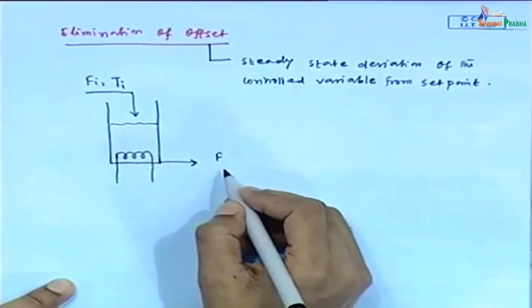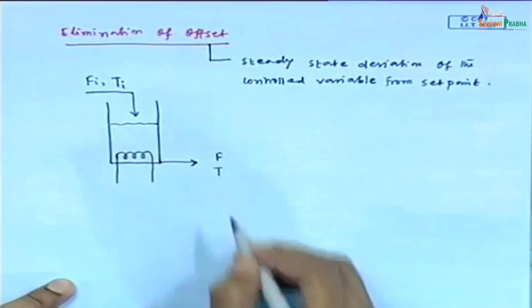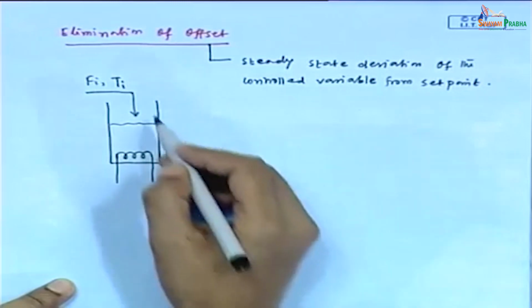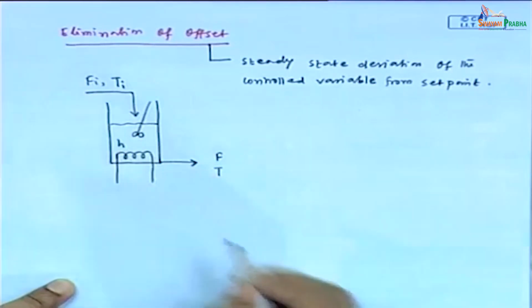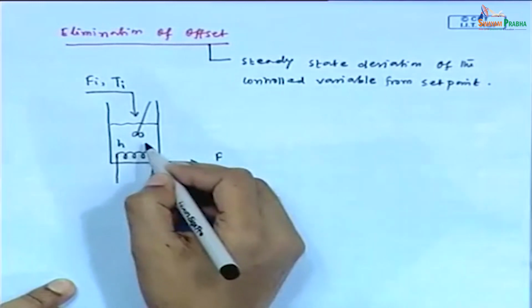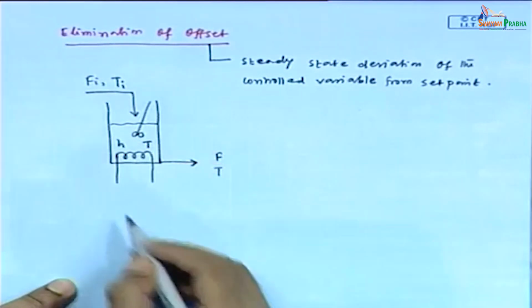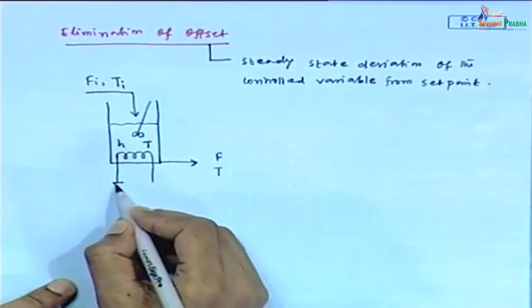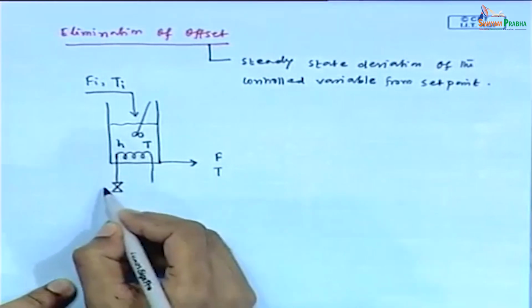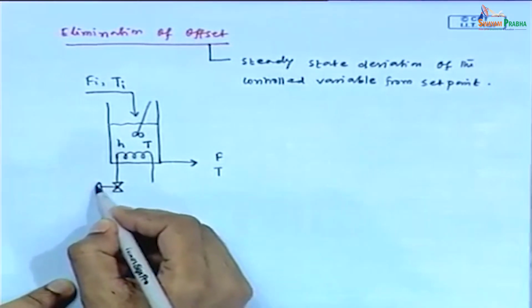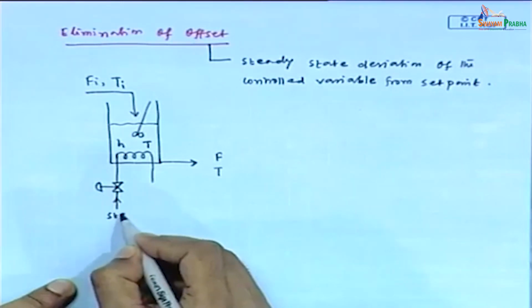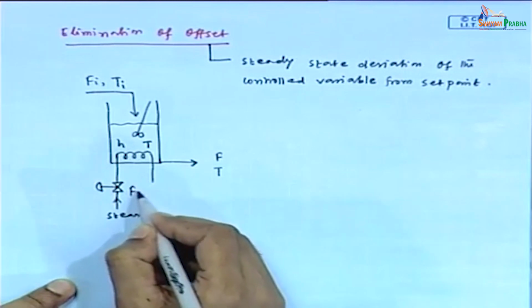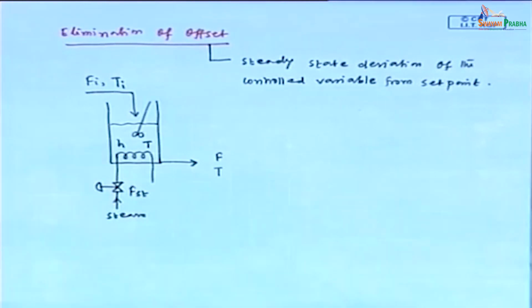Outlet is coming out with flow rate F and temperature T. Height of liquid in the tank is H and temperature is T. A heating medium, steam, is introduced through this coil with a flow rate of F suffix St.